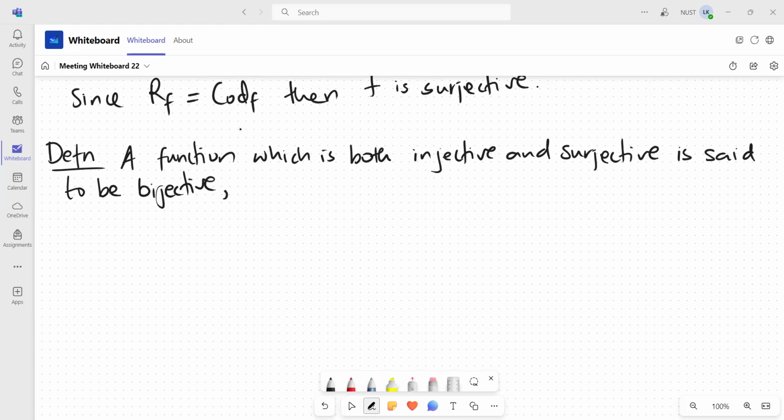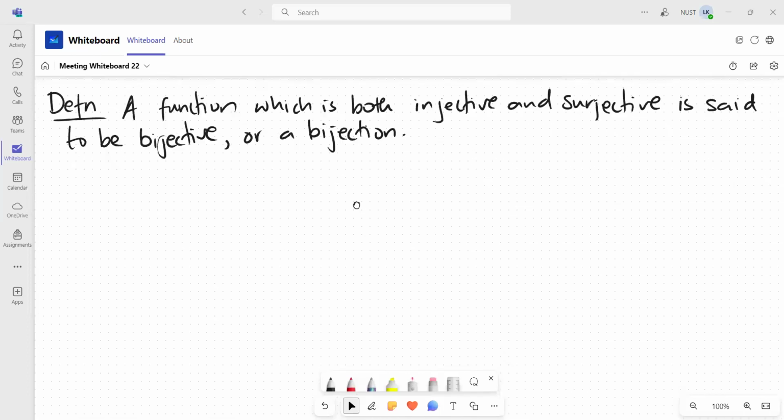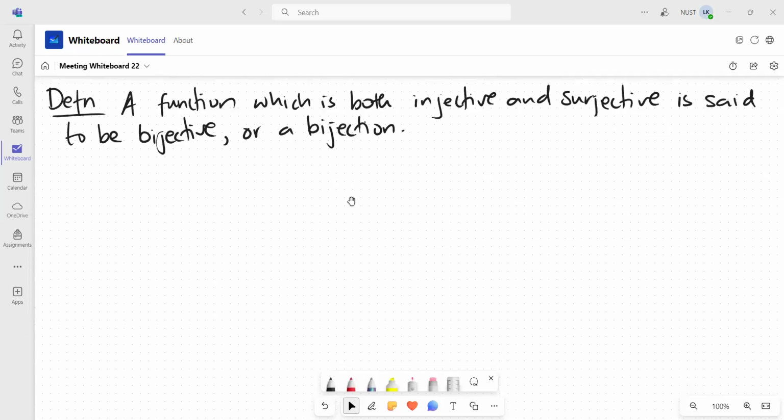So it's bijective, or it is a bijection. That's just the definition to take note of.